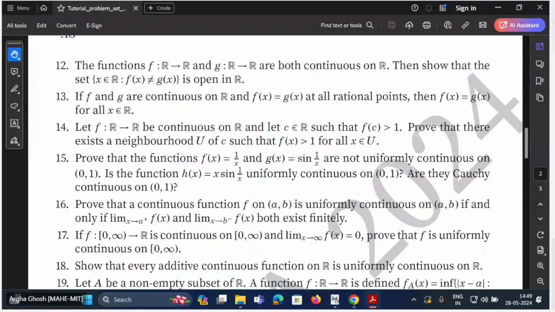Another thing you observe is that we have a function defined on the open interval (a, b), and we construct a new function defined on the closed and bounded interval [a, b]. This is called an extension of a function. If we have a continuous function on the open interval (a, b), and the limits as x tends to a plus and b minus both exist finitely, then we can extend the function to the closed and bounded interval [a, b].